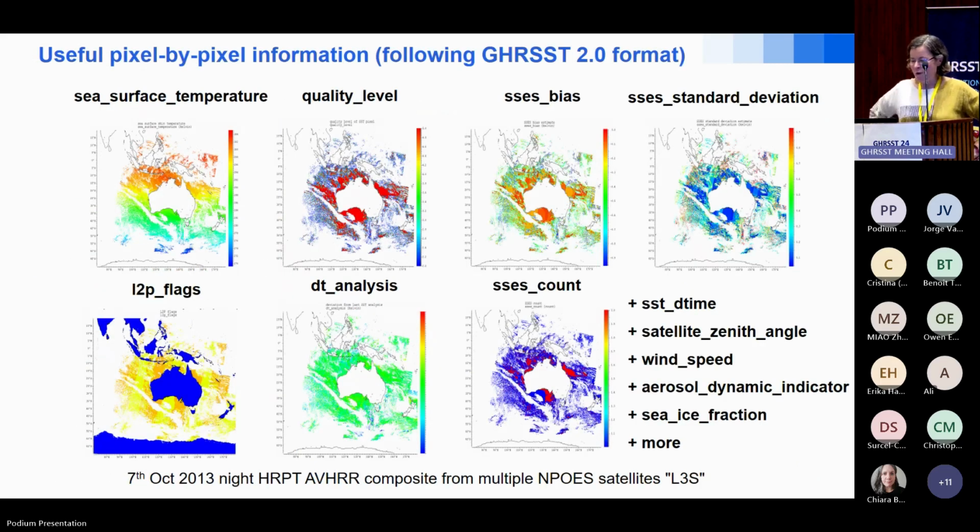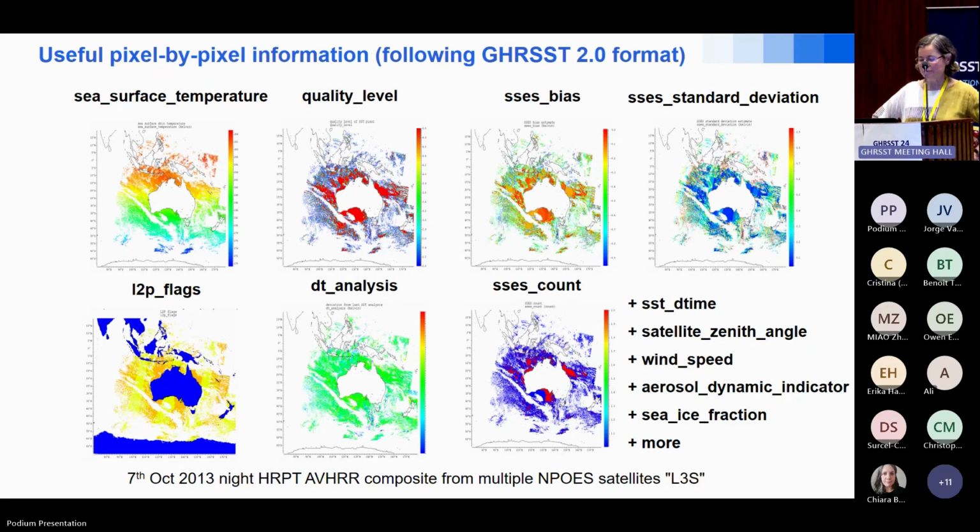Anyway, all the Bureau's IMOS GHRSST level 2 and level 3 products follow GHRSST specifications, as I said, GDS 2.0, with useful information per pixel. We do actually provide a guide online for what each of the variables represent, and I can point you to that web page if you're interested.